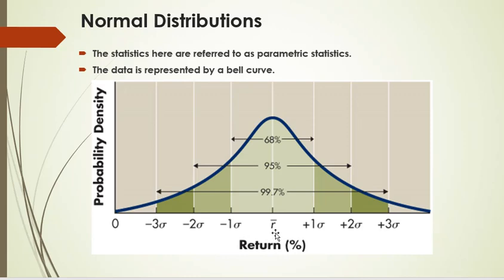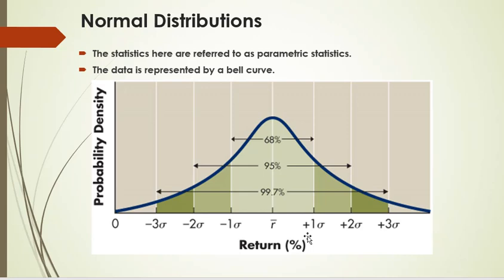But if you go plus or minus one standard deviation from the mean, that implies there's a 68% chance that the actual return is going to be between these two points. Between -2 and +2, there's a 95% chance that it will be in between those two points.